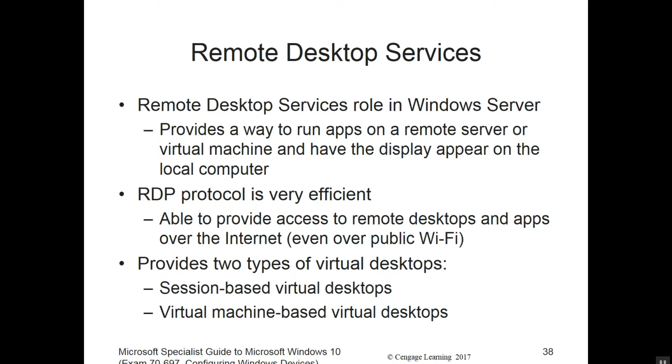It doesn't actually run on our local machine. It runs on the web. We can do the same kind of thing, and we don't have all that storage being taken up on our local machine. So we can do the same thing with Remote Desktop Services, where we run the app on a remote server, but it appears like it's running on our machine.